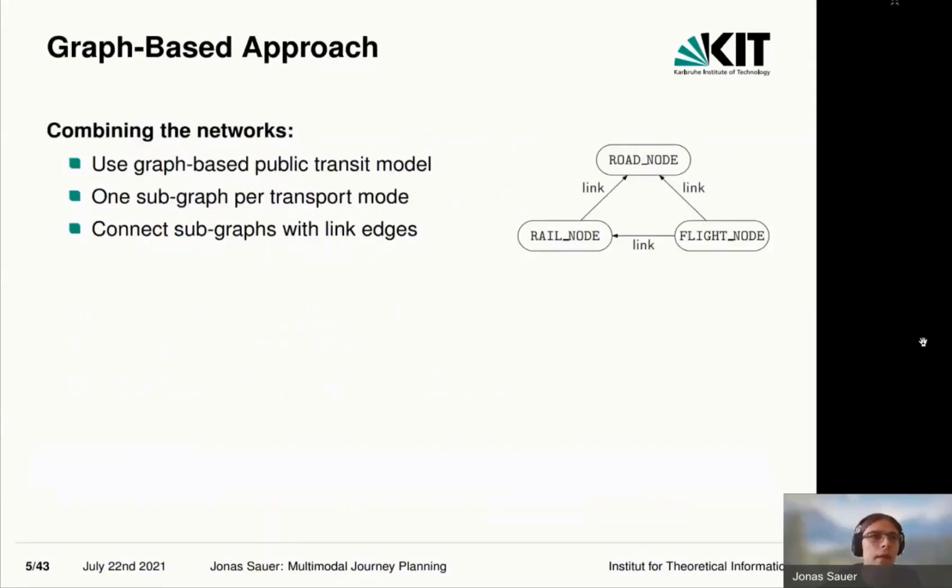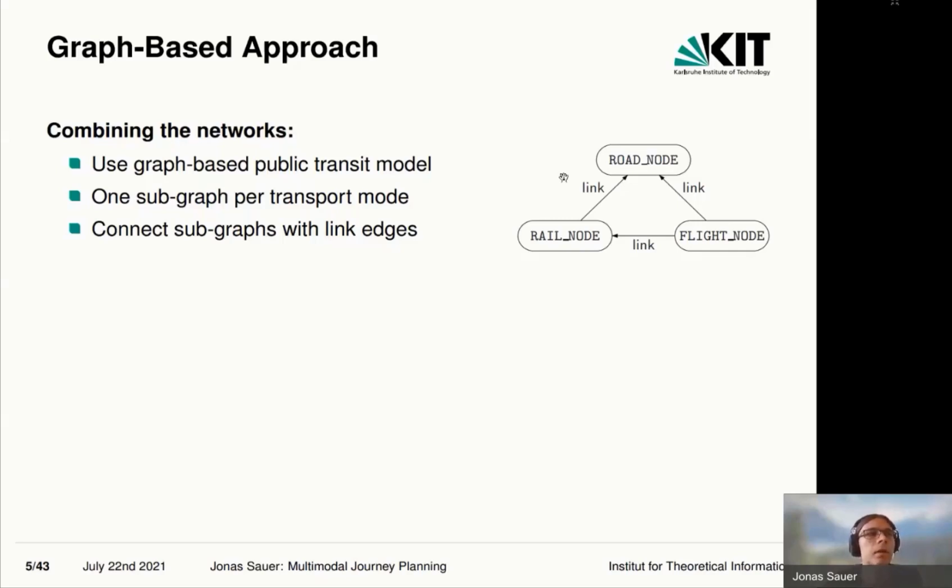All right, let me give you a quick overview of how you would solve this problem with a graph-based approach, and then we're going to be switching to more timetable-based approaches in a minute. But for the moment, let's say that we model everything as a graph, including not only the road networks, but also the public transit networks. So we use a graph-based public transit model.